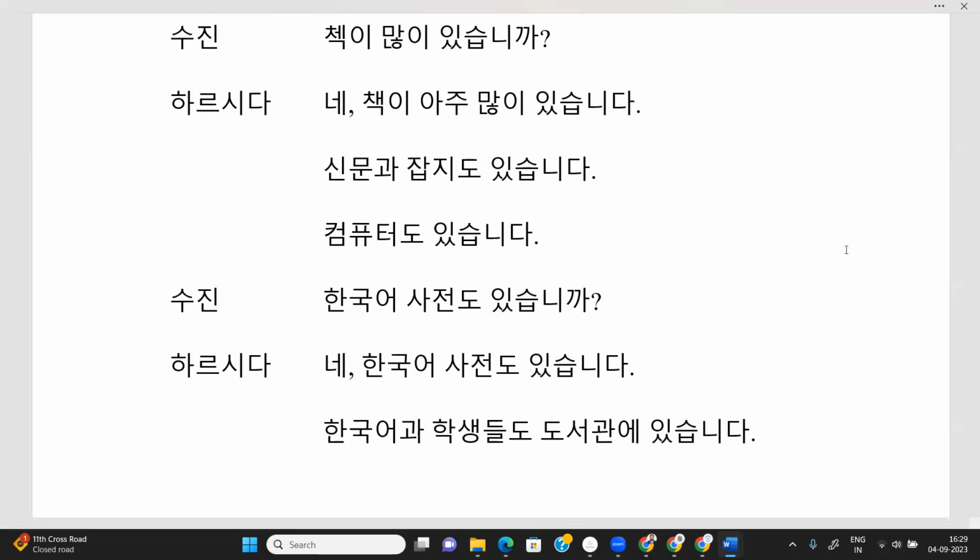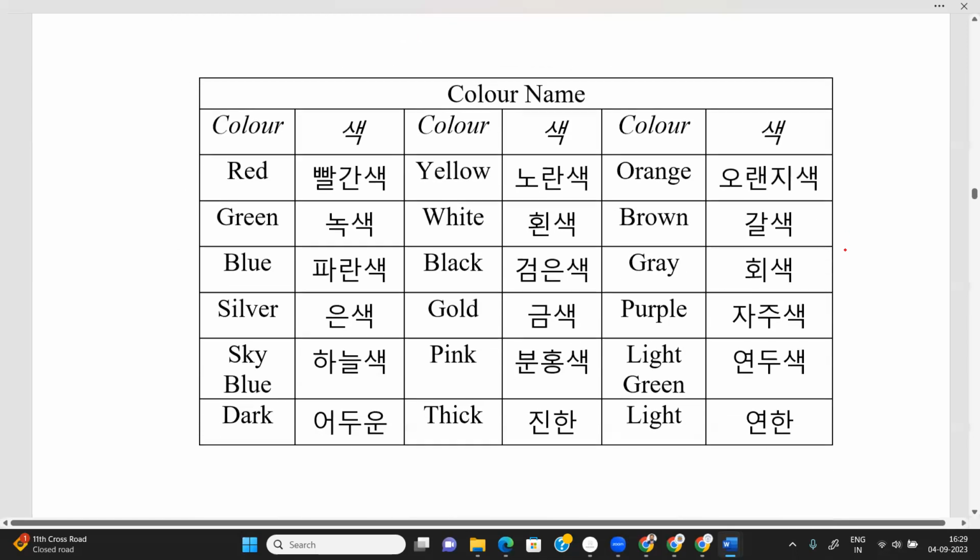Harshita: 네, 한국어 사전도 있습니다. 한국어과 학생들도 도서관에 있습니다.